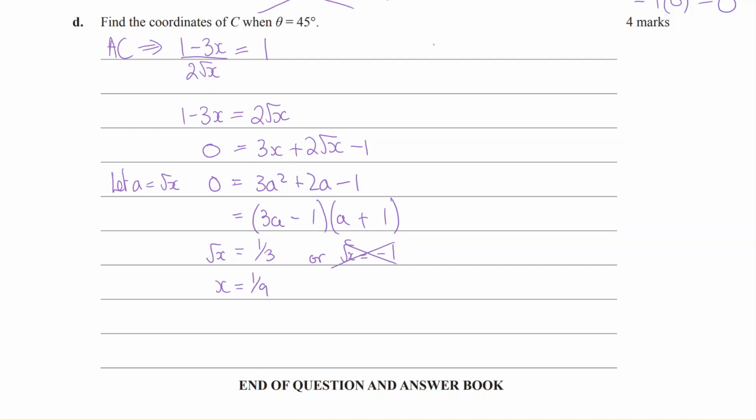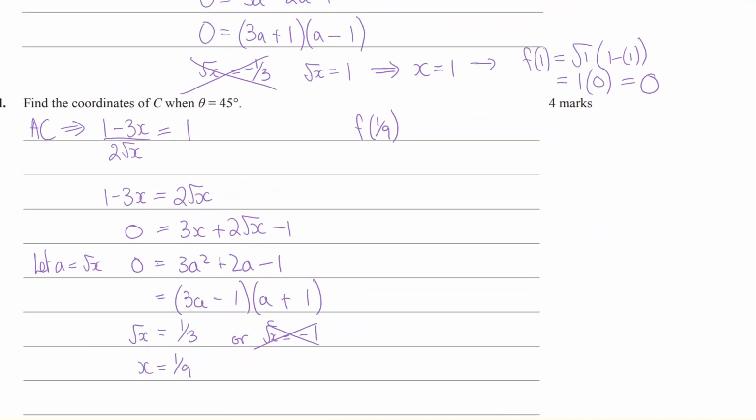Going to do the same thing again. We're going to do f of 1/9 now to figure out what that point actually is. So we've got the square root of x times 1 - x. Square root of 1/9 is 1/3.